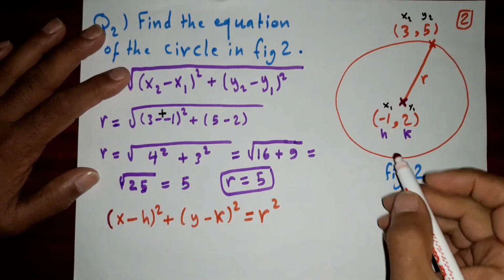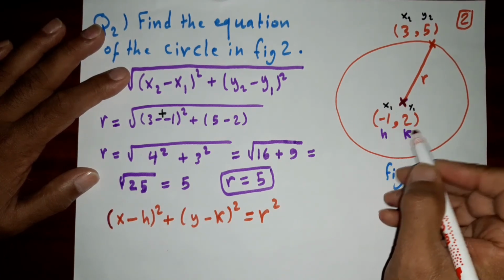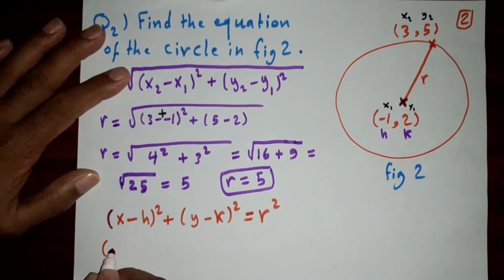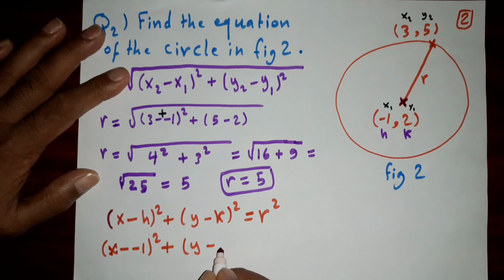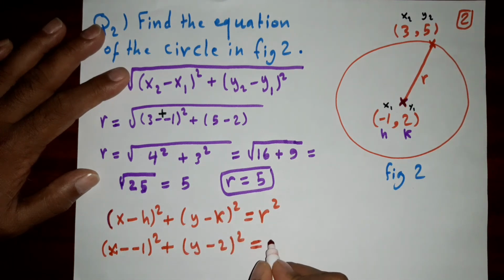This is the coordinate of the center. The x coordinate is h and the y coordinate is k. So we substitute it: x minus -1 all squared plus y minus 2 all squared equal r squared, and the value of r is 5. We found the value of r and it was 5.